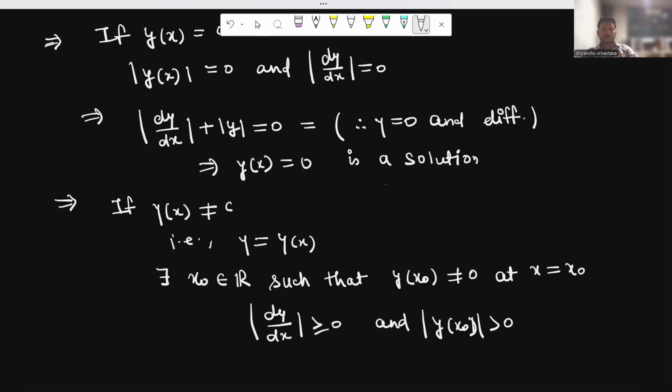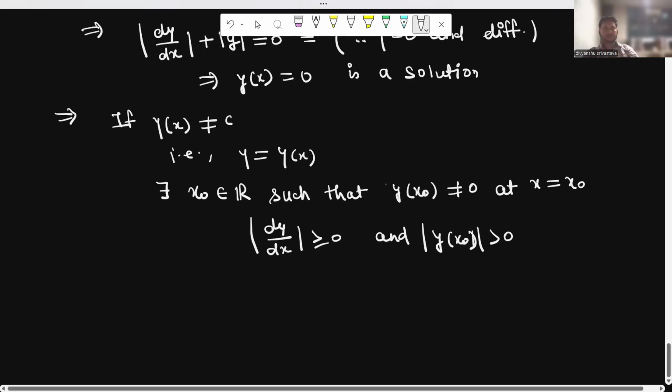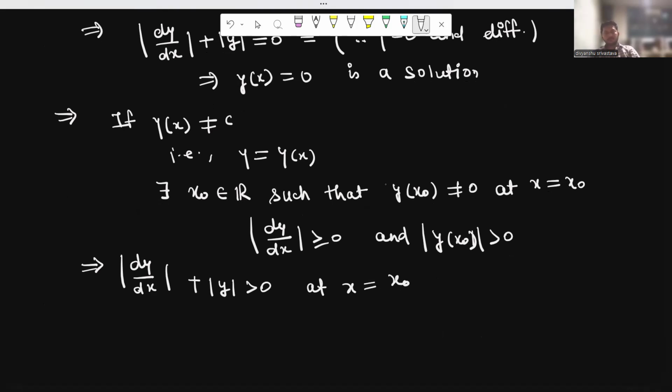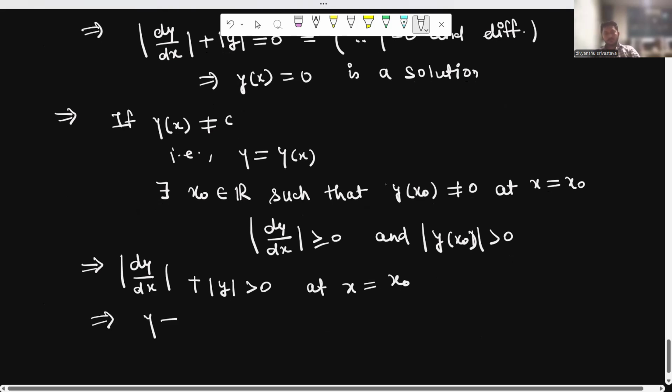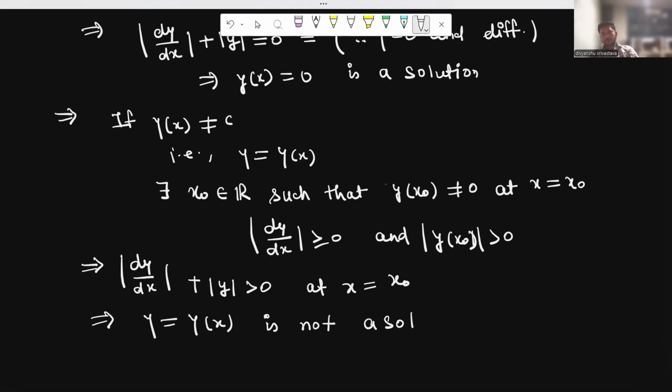Okay. So therefore this implies dy/dx plus modulus of y is greater than 0 at x equal to x0. Okay. Therefore this implies y is equal to y(x) is not a solution.